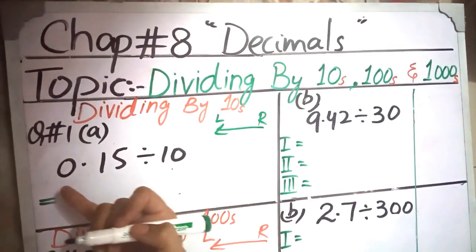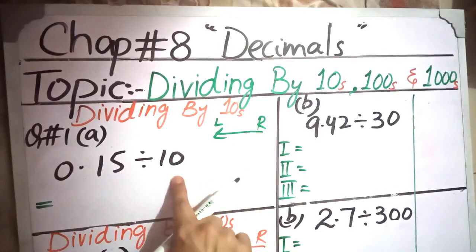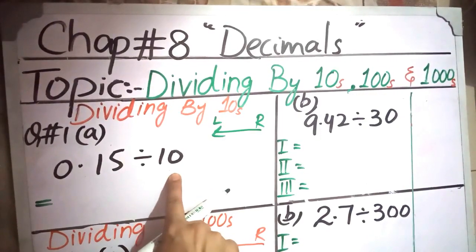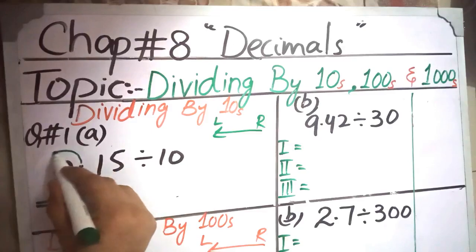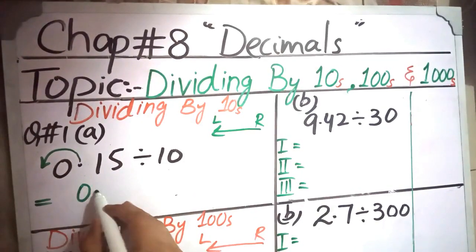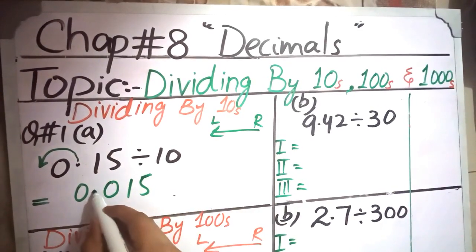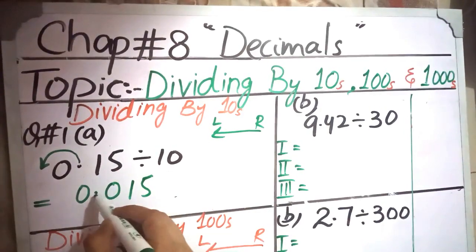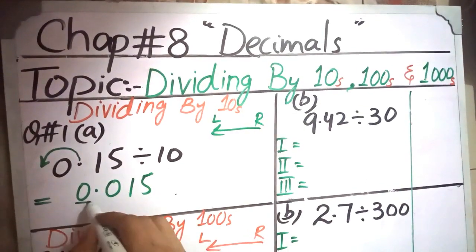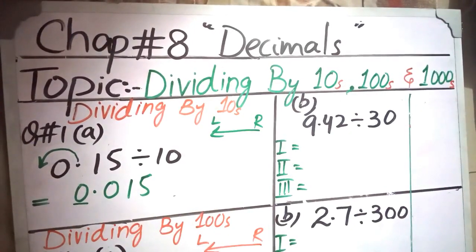In 0.15 divided by 10, we have to shift from right to left. The answer will then become 0.015. Can you see the point will shift here, but we put an extra 0 to balance the number.